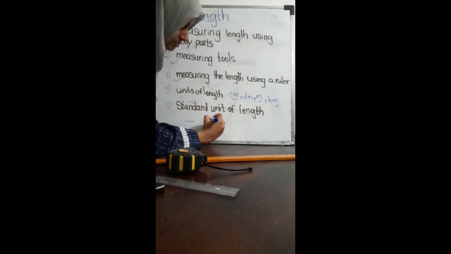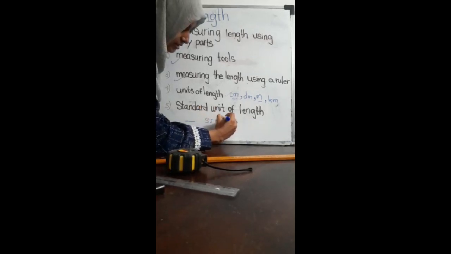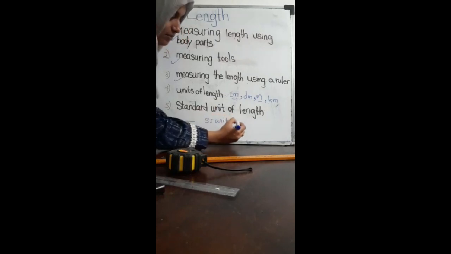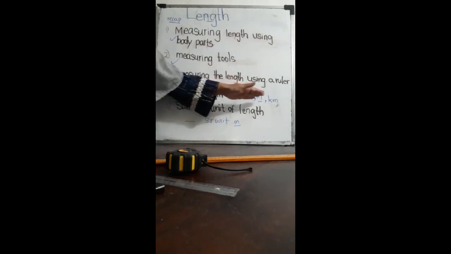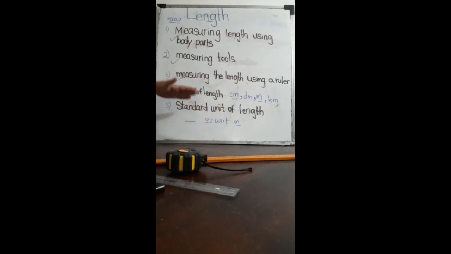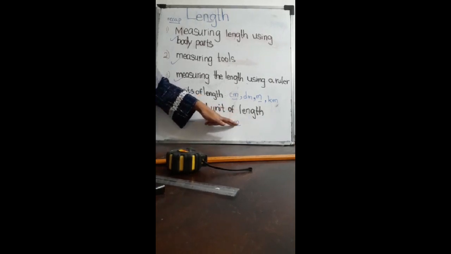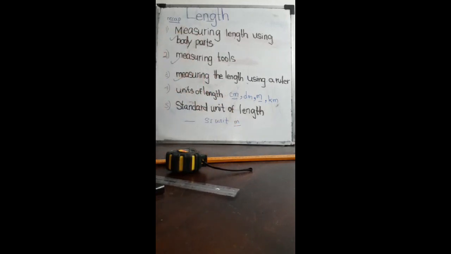The SI unit of length is meter. Do you understand? There are so many units of length, but there is one particular unit to measure length, which we call the standard unit or SI unit. That is meter, m. Now I think you all have a clear knowledge of this.